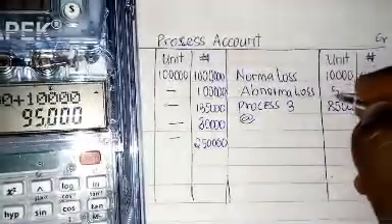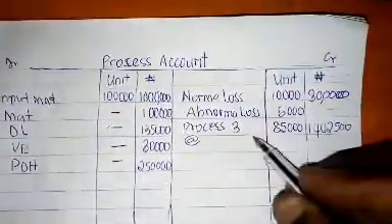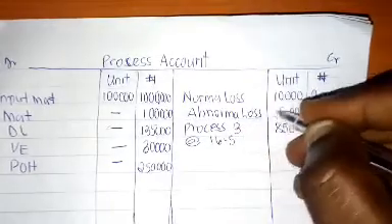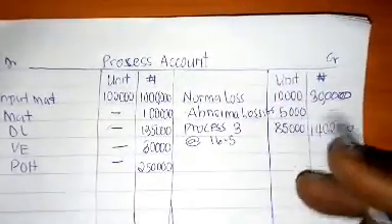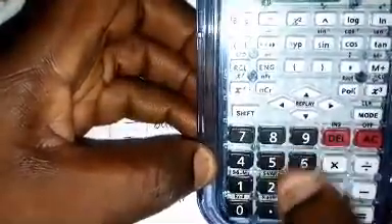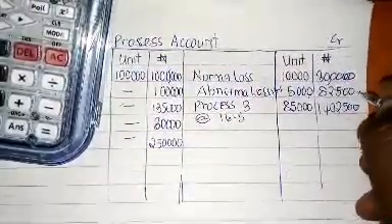The difference of 5,000 units is the abnormal loss, and it must be costed at 16.50 per unit. So you multiply 5,000 by 16.5, and that is 82,500, which is the abnormal loss.